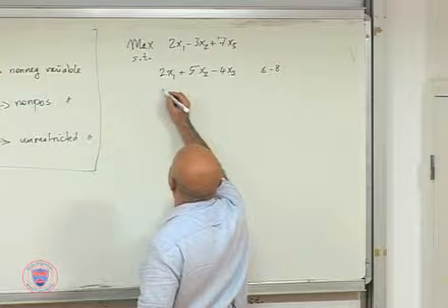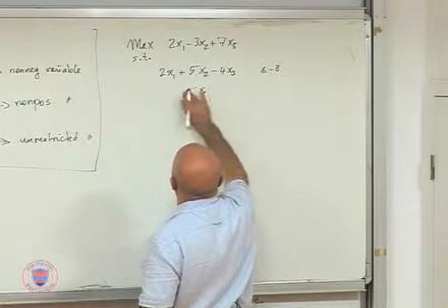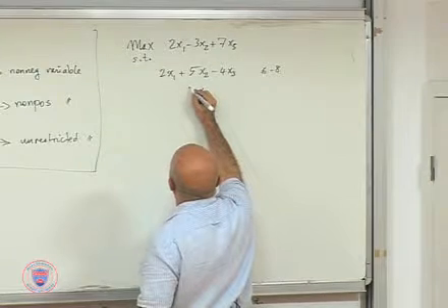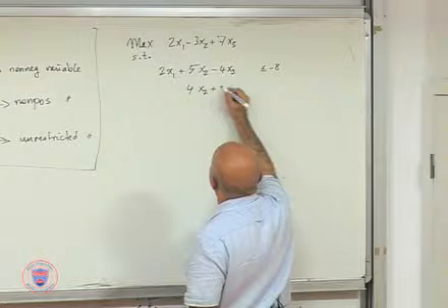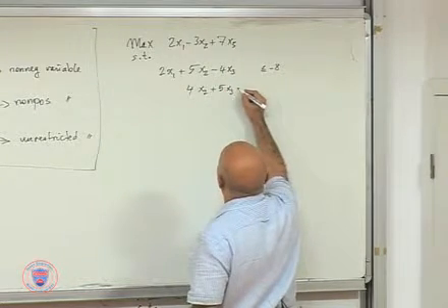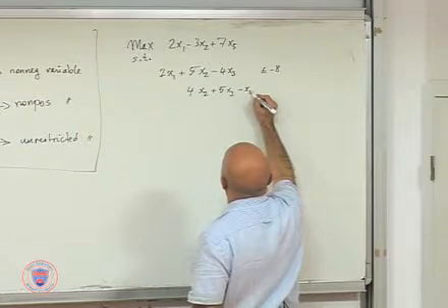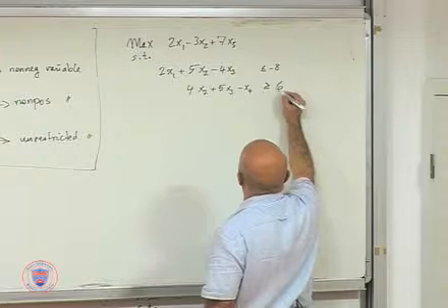Then we have 4x2 plus 5x3 minus x4 greater than or equal to 6.